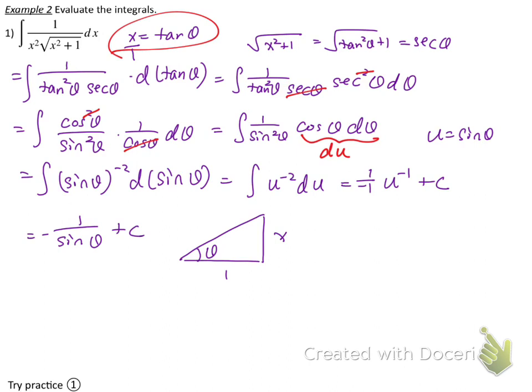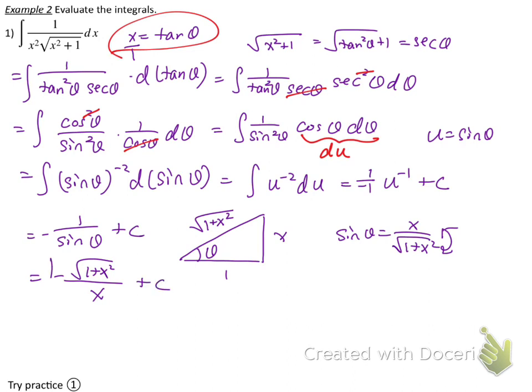That's my tangent. Then the Pythagorean theorem tells me this hypotenuse will be square root of 1 plus x squared. Then sine theta will be the opposite over the hypotenuse, or its reciprocal will be negative. You flip it. Square root of 1 plus x squared over x. Then you add that constant.